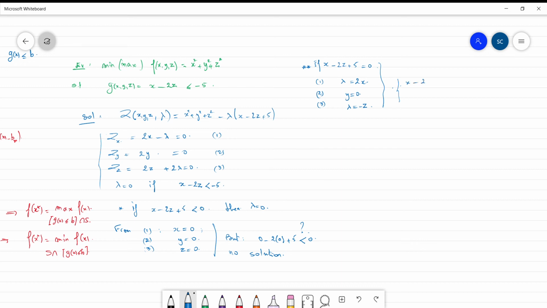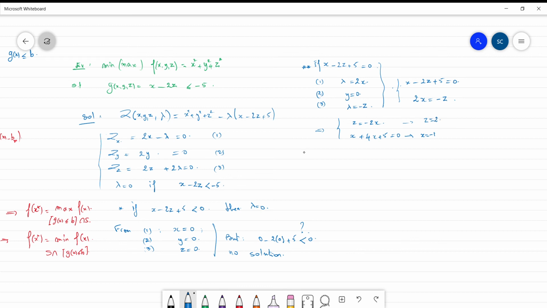From here we get a linear relationship that we keep: 2x equals minus z, that is z equals minus 2x. Substituting, we have x plus 4x plus 5 equals 0, which gives x equals minus 1, and z is then equal to 2.